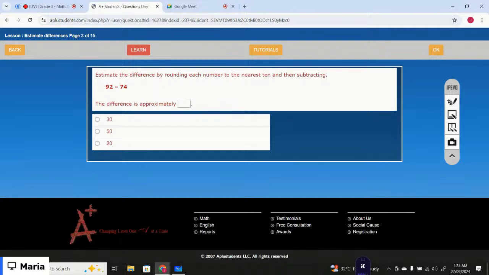Estimate the difference by rounding each number to the nearest 10 and then subtracting: 92 minus 74. So which is the correct option?